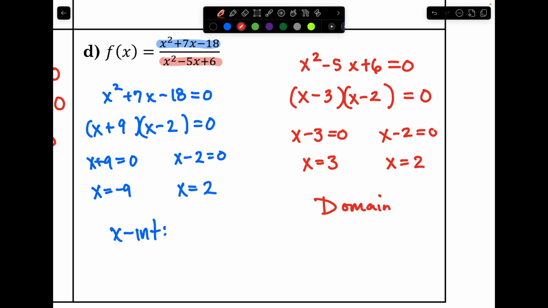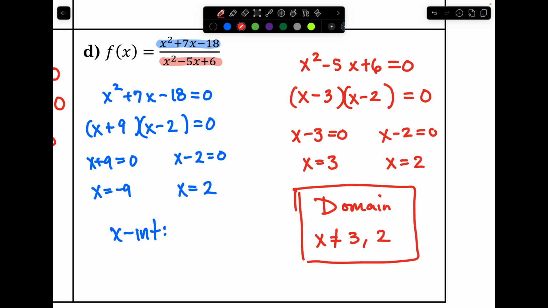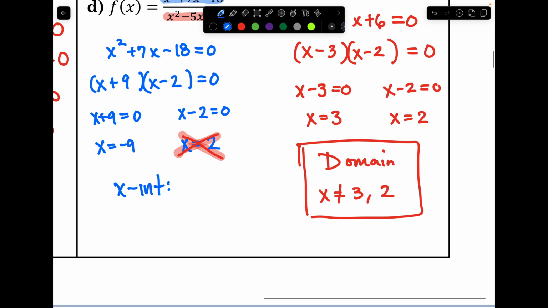So your domain is going to be all real numbers except for positive 3 and positive 2. So those two numbers get omitted from the domain, which means here, when we go back over here, this number is not an x-intercept. Something else is going on there. And the only x-intercept we have is at negative 9.